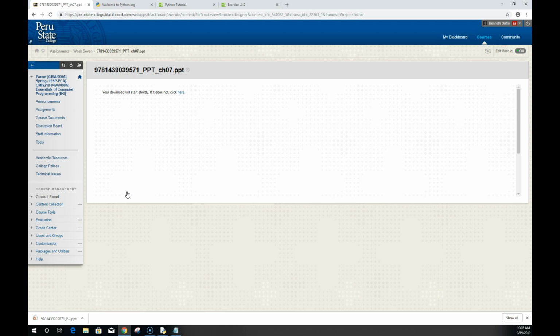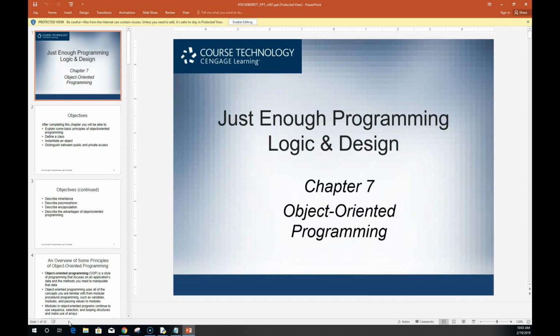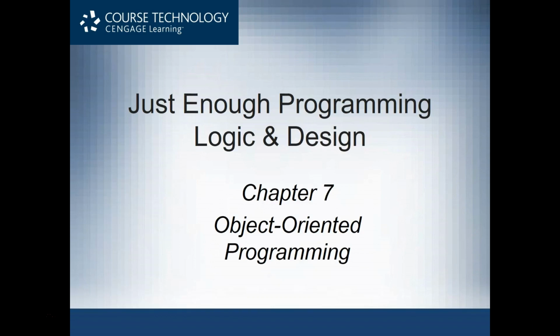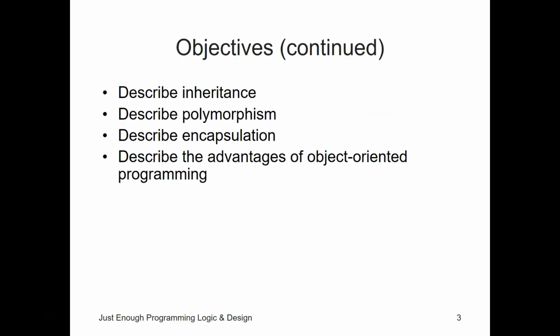So the other piece we need to deal with is we need to finish up chapter 7 out of our textbook, the first one we looked at. And I'm going to shortcut this a little bit. I left the entire slideshow up there, but I want to deal with a couple of items in here. So Python is what we call an object-oriented language.